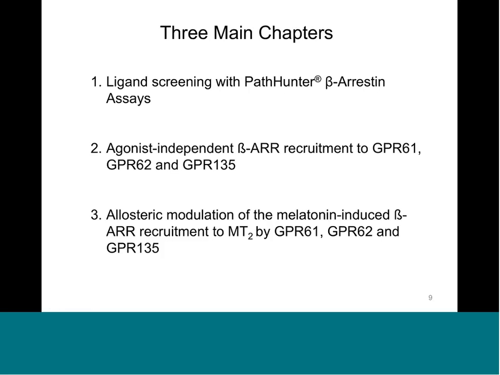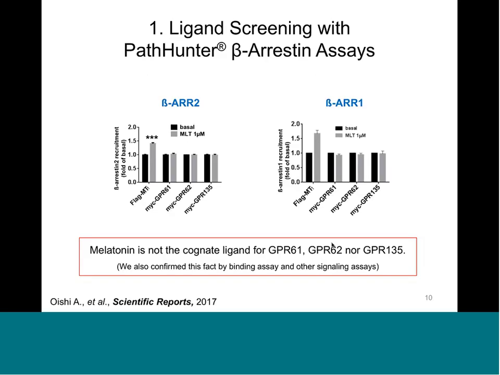It's quite a new and different issue that we applied to these orphan GPCRs. And the third issue is related to allosteric modulation of the melatonin-induced recruitment to the MT2 receptor, which can be regulated in heterodimers by these GPCRs. So with this, I will hand over to my colleague, Dr. Oishi, who will guide you through the different experimental parts.